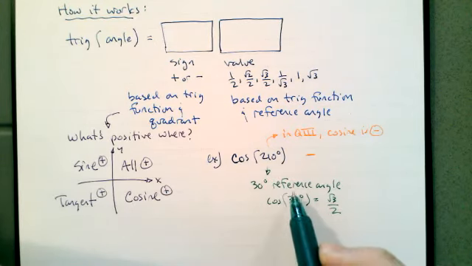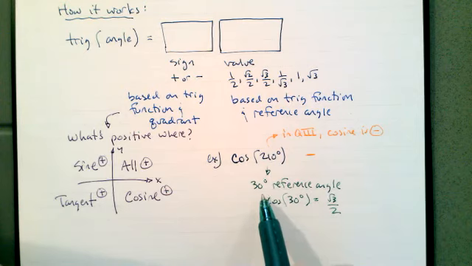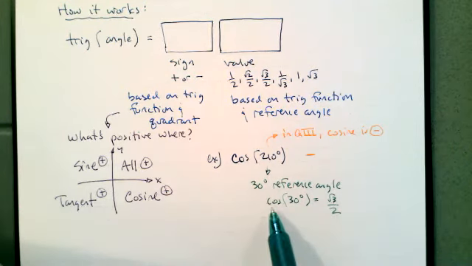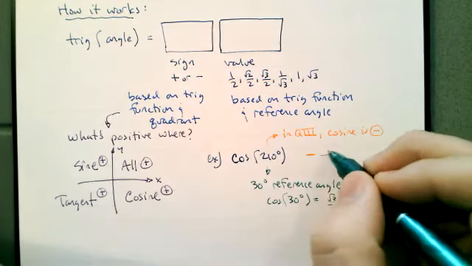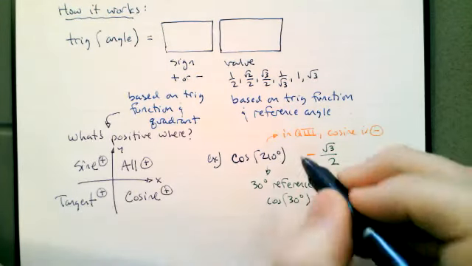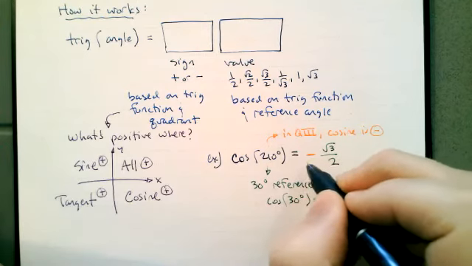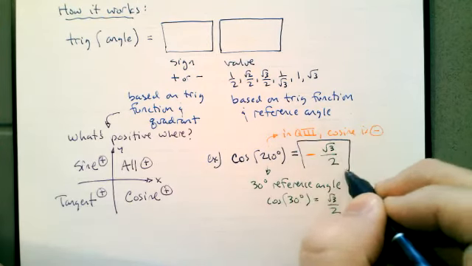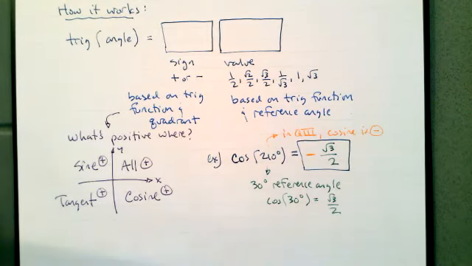The value we get from the reference angle. 210 is a 30-degree reference angle in quadrant 3, and the cosine of 30 degrees is √3/2. So that's where we get the value. So we just have to make two decisions, one based on the trig function and the quadrant, the other based on the trig function and the reference angle.